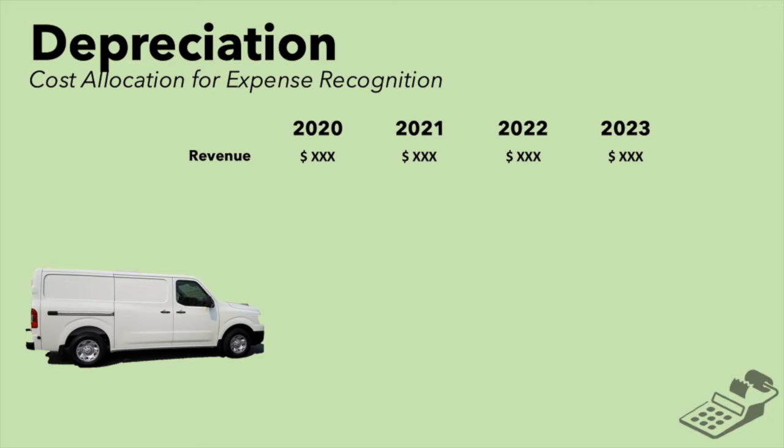If we are going to appropriately match our revenues and expenses, then we should expense this vehicle over the next 4 years. Each period we expense an amount that could be matched to the revenues that this vehicle has helped us to generate, thereby abiding by the matching principle.